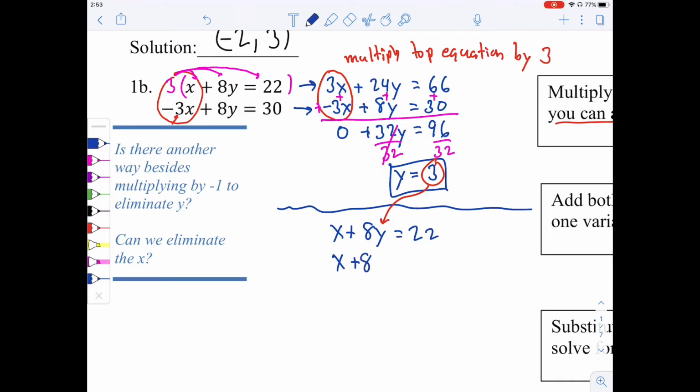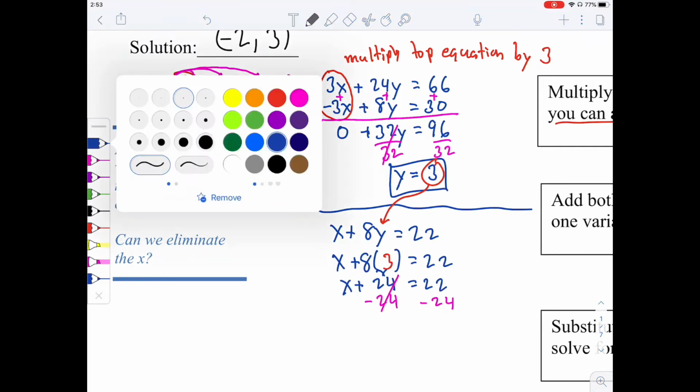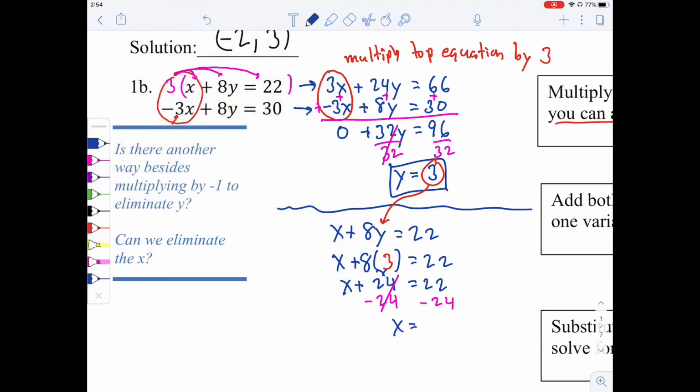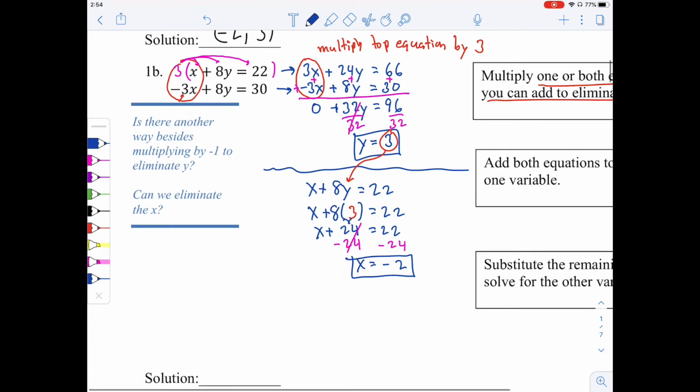So we have x plus 8 times 3, x plus 24 equals 22. Subtract 24 from both sides and solve. So we get x equals -2. And that's our solution right there. Our x value is -2, our y value is 3, because that's our x, y.